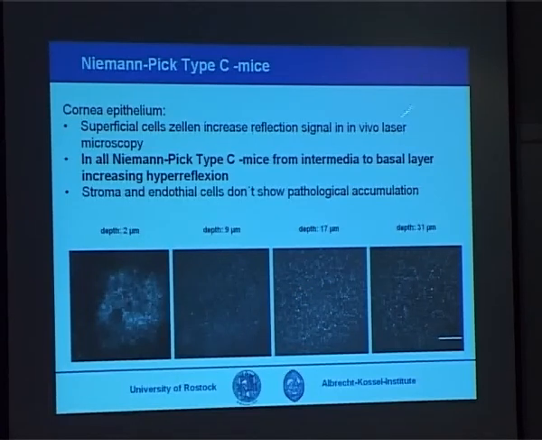So summarizing, in vivo laser microscopy, at least in the animal models, and we are just analyzing this also in the patients, might be a very early tool for diagnosing the Niemann-Pick type C patients.